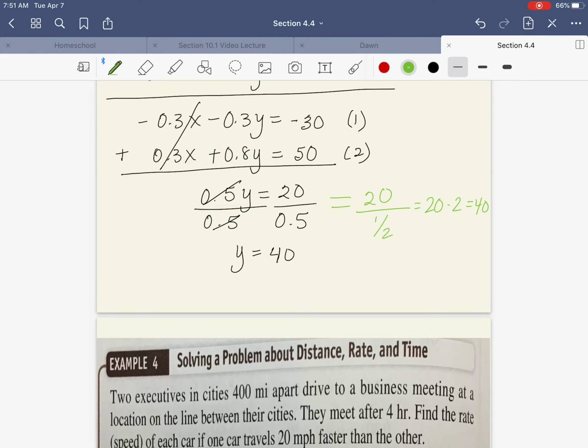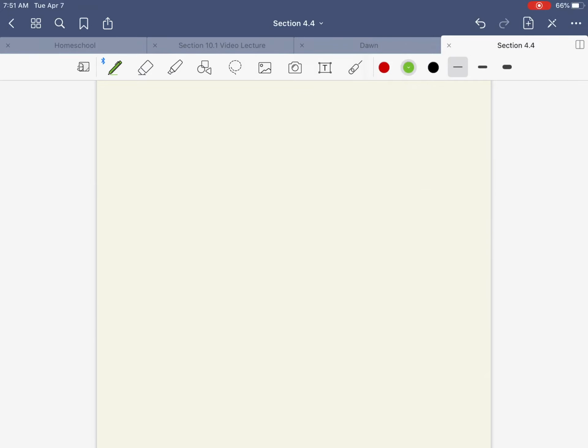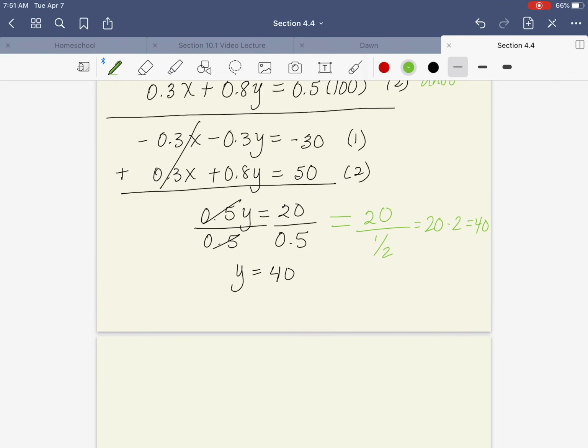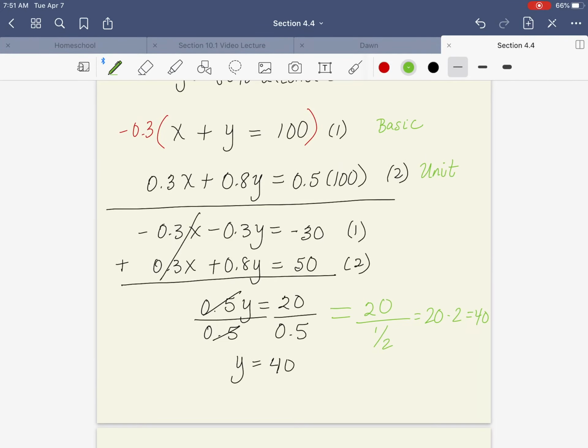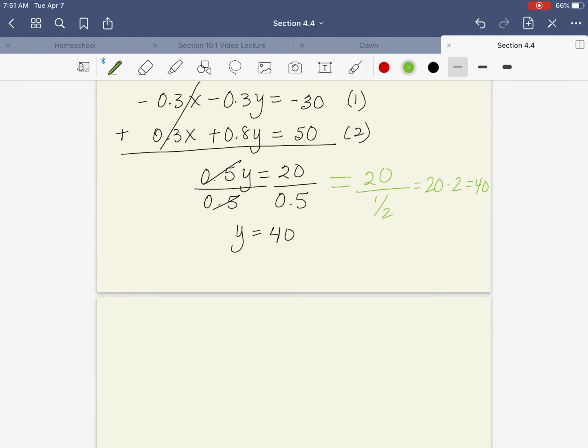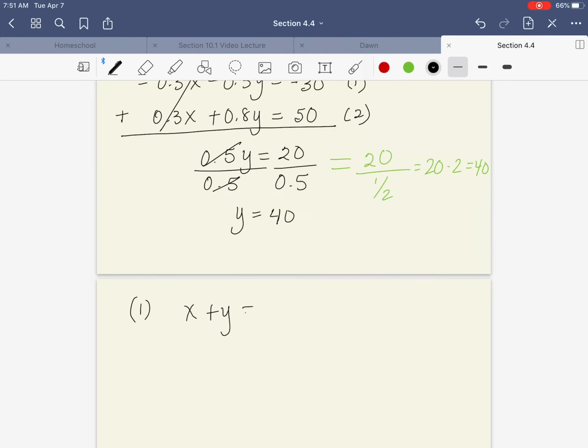Okay, so now we want to plug this back in. I'll plug it back into equation 1, which is x plus y equals 100. So that'll be x plus 40 equals 100.